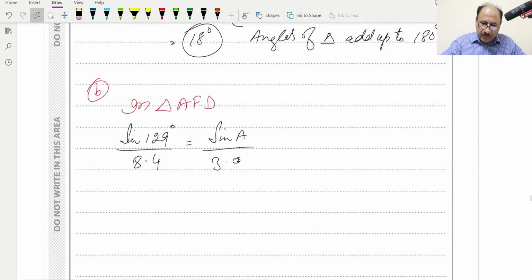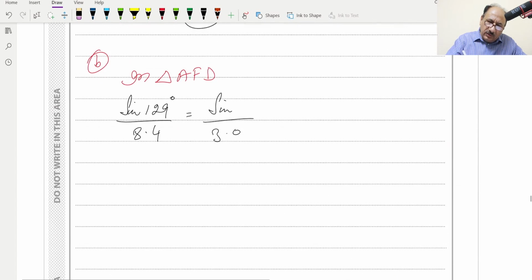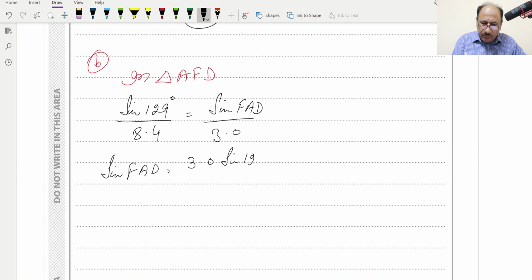And sine of A means sine of FAD, so we can write sine of FAD will be equal to 3.0 into sine of 129 degrees divided by 8.4, and with the help of a calculator we can find this.